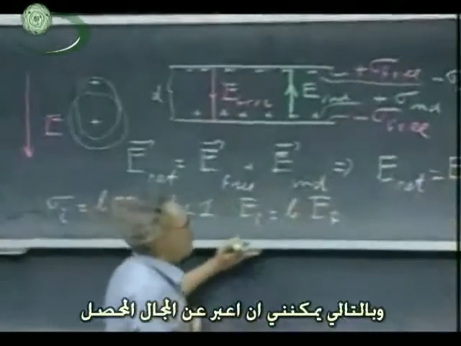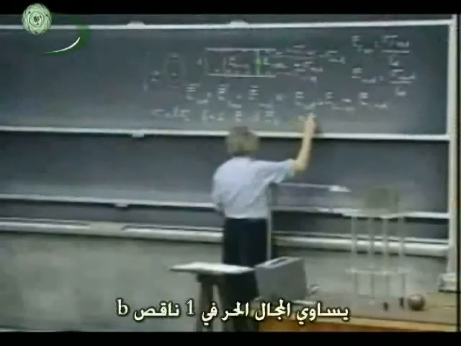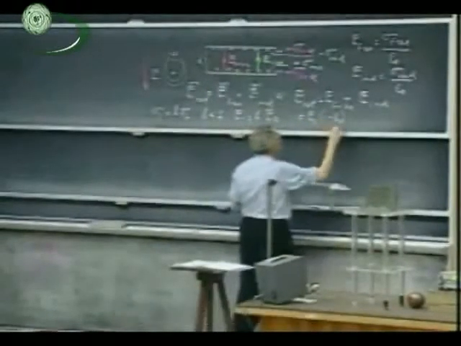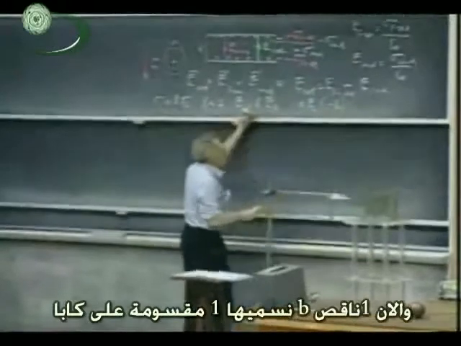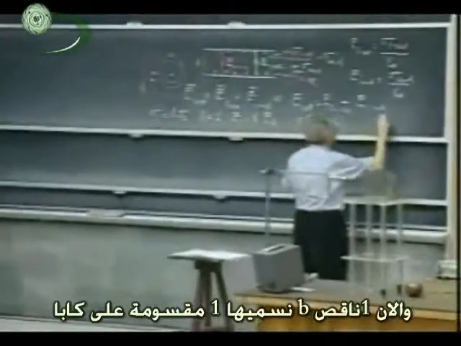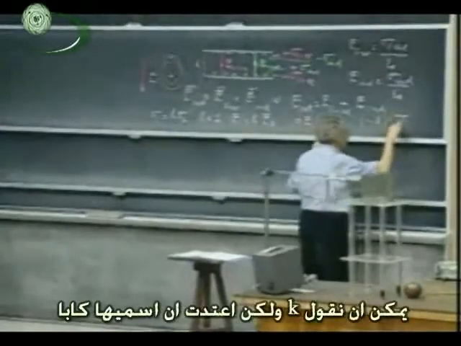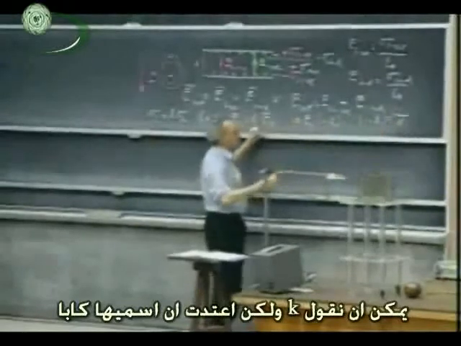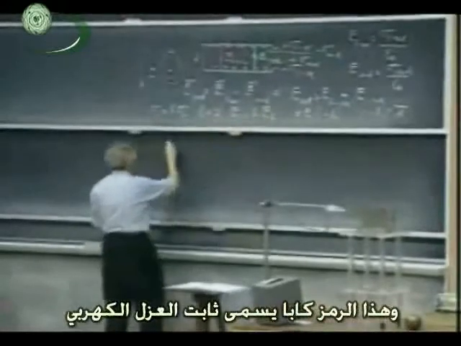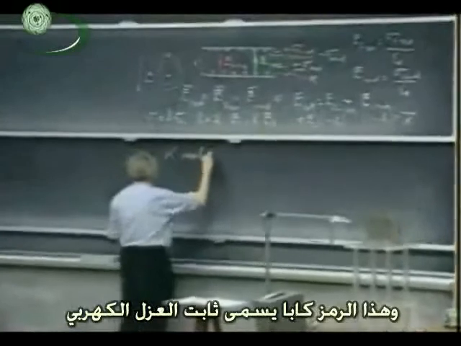And so now I can write down, for E net, E free times 1 minus B. And that 1 minus B, we call 1 over kappa. Our book calls it 1 over K. But I'm so used to kappa that I decided to still hold on to kappa. And that K, or that kappa, whichever you want to call it, is called the dielectric constant.